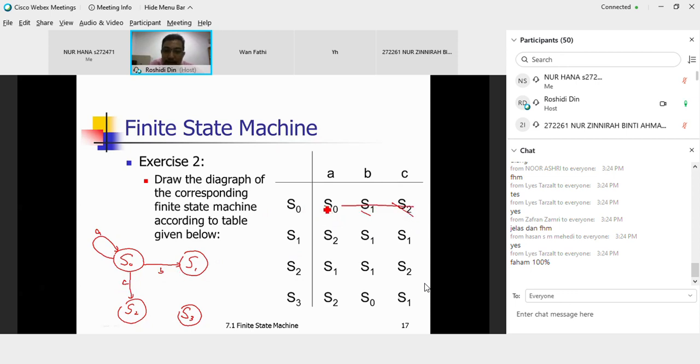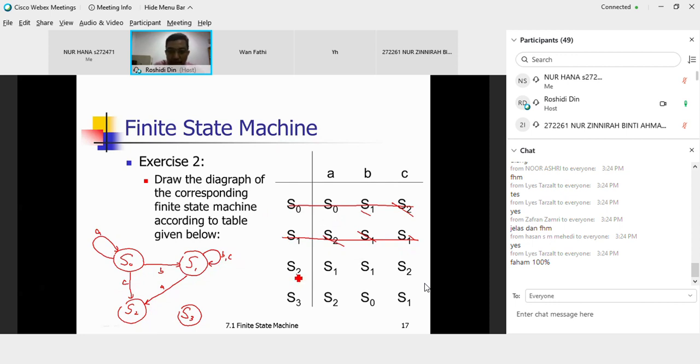So finish first row. Second row, we focus on S1. S1 map to S2. So finish A. S1 map to S1. The answer will be B. Finish. S1 map to also S1, so just normal C. Finish second row.